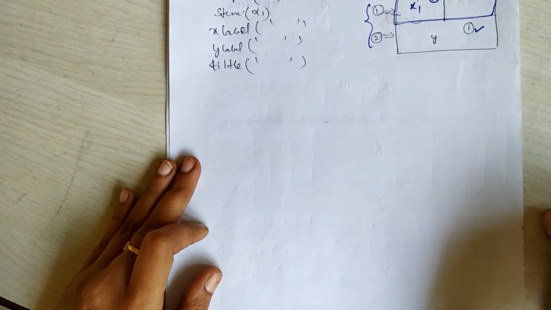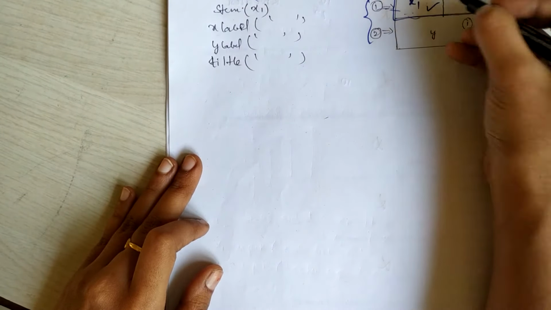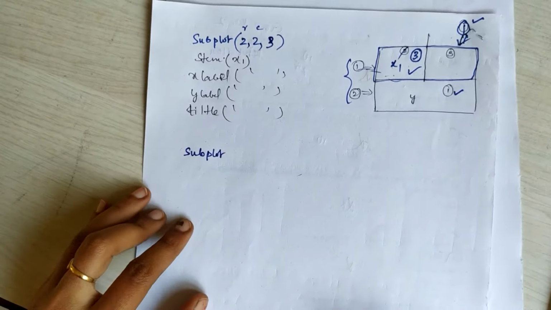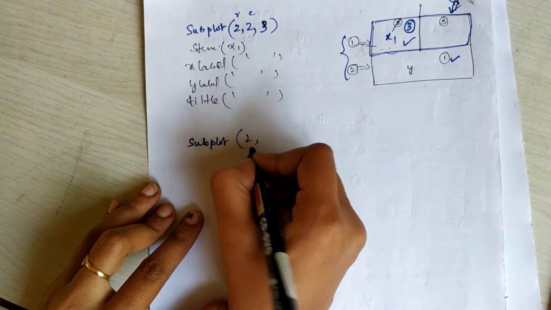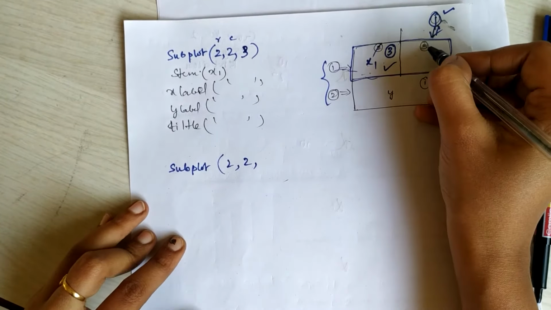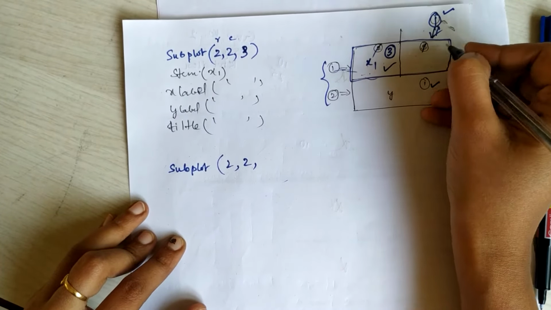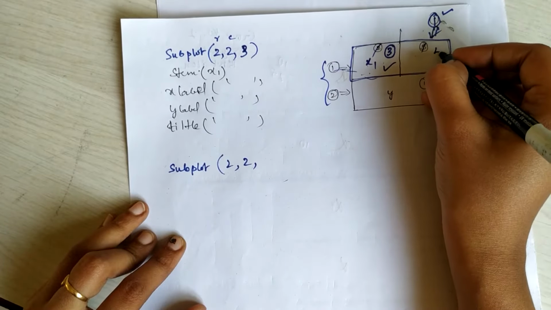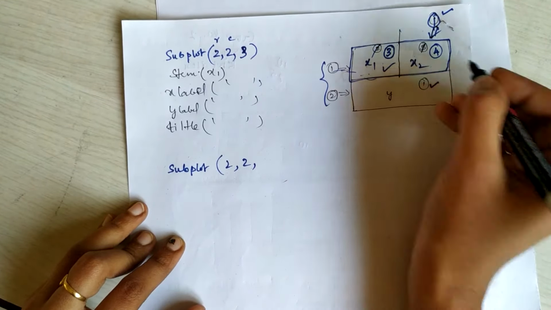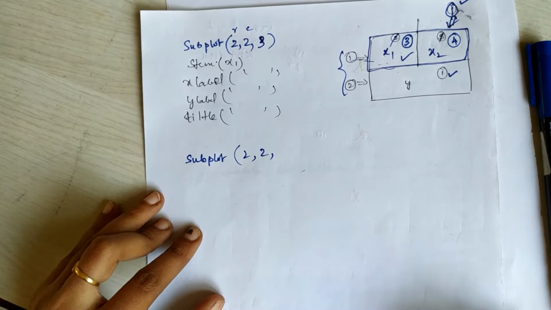The next part of a graph, this is over. Next part of a graph, again subplot. Okay, subplot, 2 rows, 2 columns, and here you don't initiate this as 3. 3 is over, so you take it as 4. In this window, the x2 plot should be displayed.